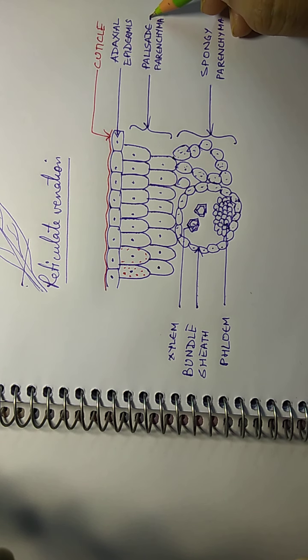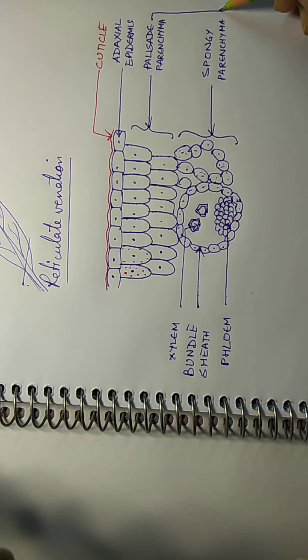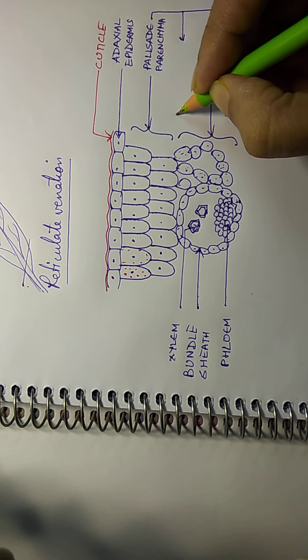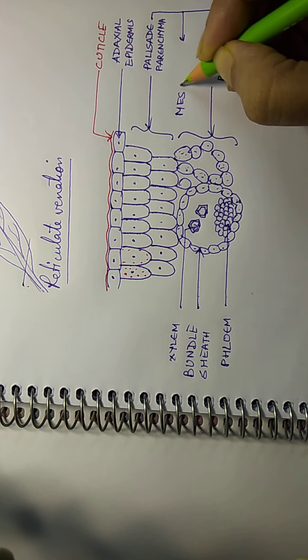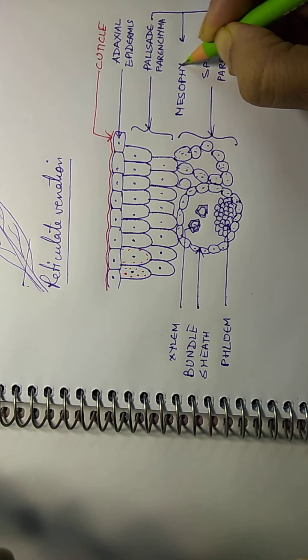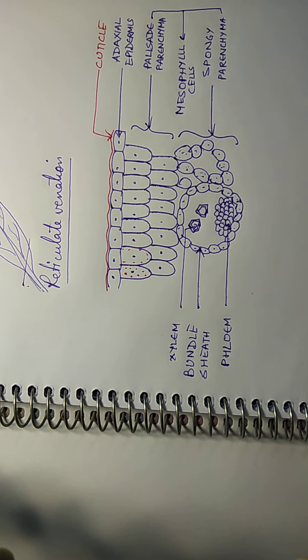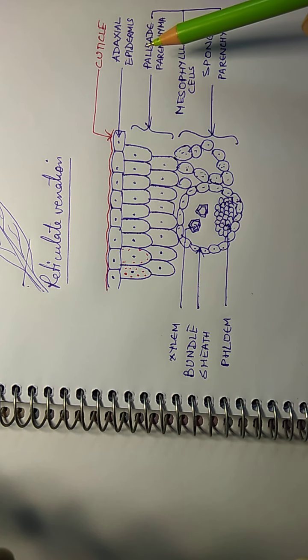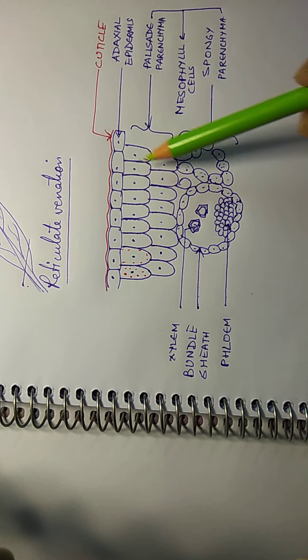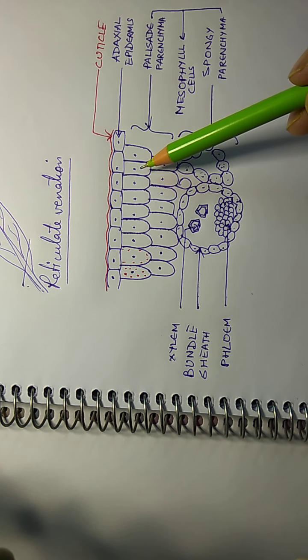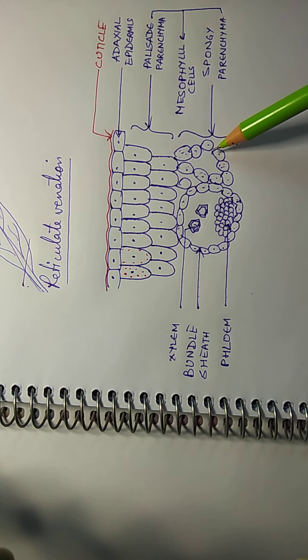Altogether, the palisade parenchyma and the spongy parenchyma are called mesophyll cells. So a characteristic feature of dicot leaf anatomy is that the mesophyll is differentiated into palisade parenchyma and spongy parenchyma.